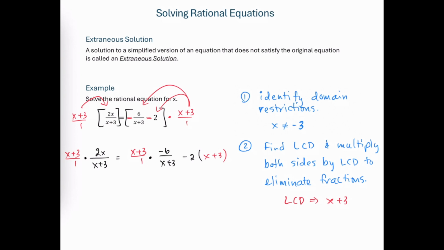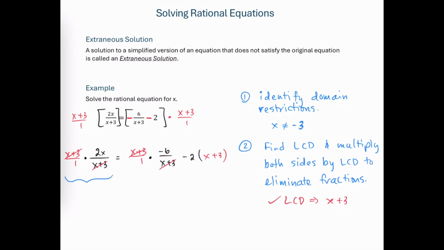Now it's time to multiply, and here's where we see that multiplying by the LCD actually causes these fractions to be eliminated. The LCD is the smallest value that all of the denominators divide evenly into. So after we multiply both sides by the LCD, we should end up with an equation that no longer has fractions.